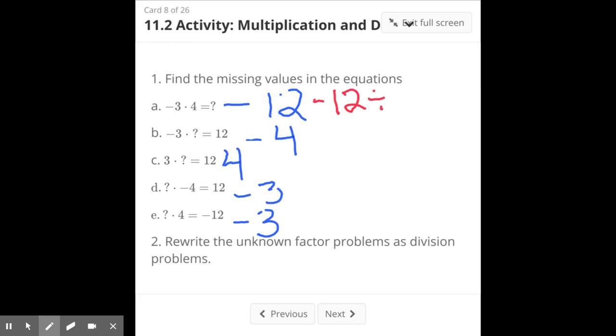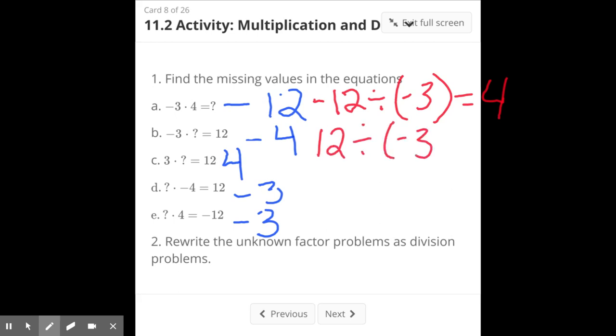divided by a negative 3 is going to be equal to positive 4. Our next problem, we're going to start out with a positive 12 divided by a negative 3 is going to be equal to a negative 4. Next one, positive 12 divided by 3 is equal to 4.